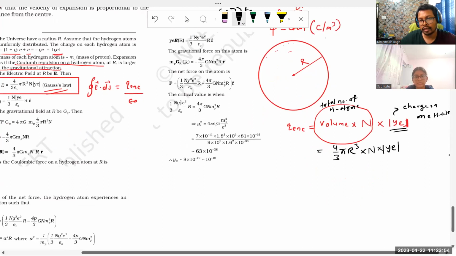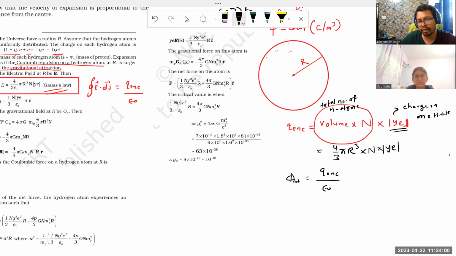So Q enclosed. Therefore, total flux will be equal to Q enclosed by epsilon naught, that is 4 by 3 pi r cube n e by epsilon naught. That is what is given.